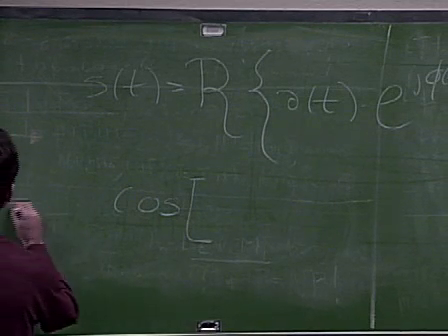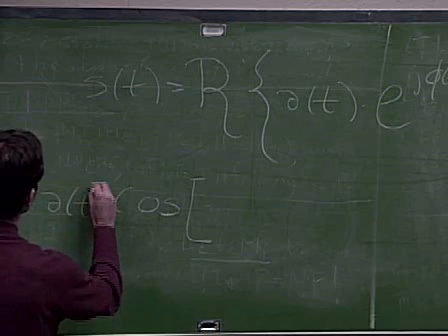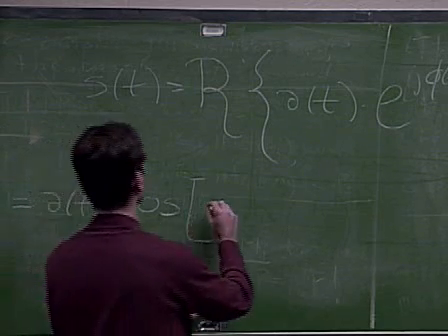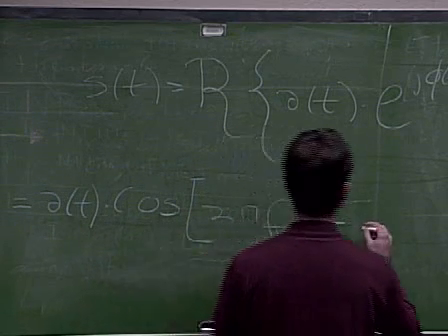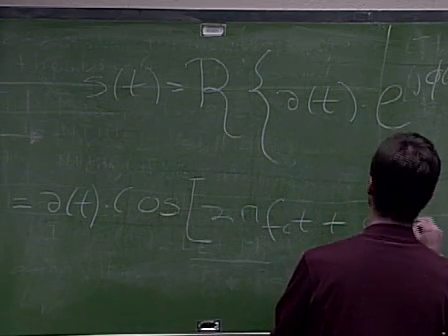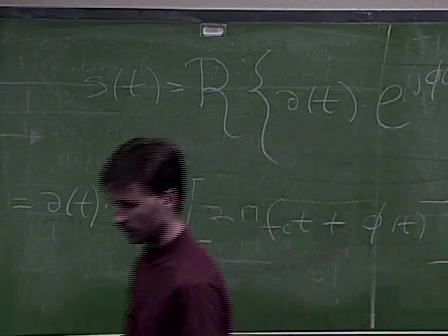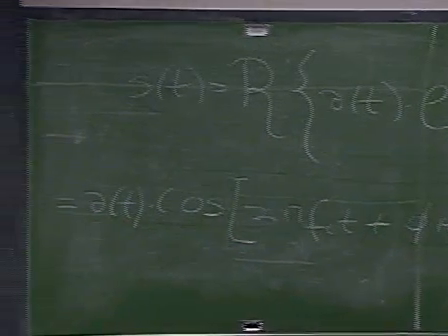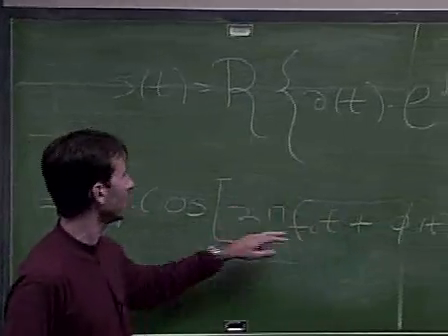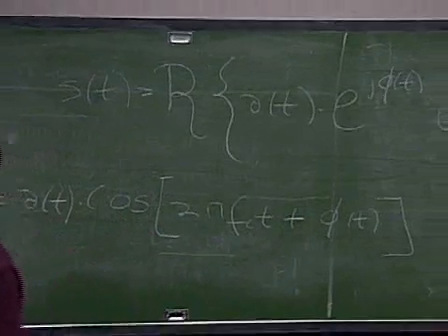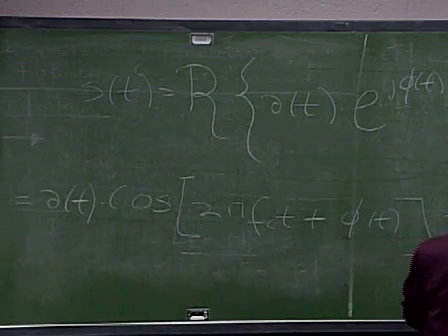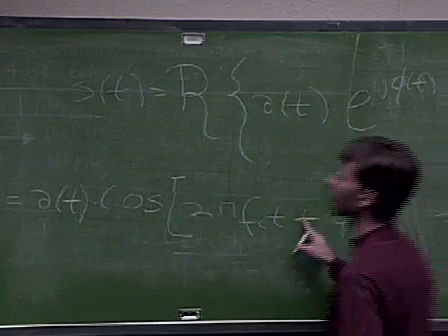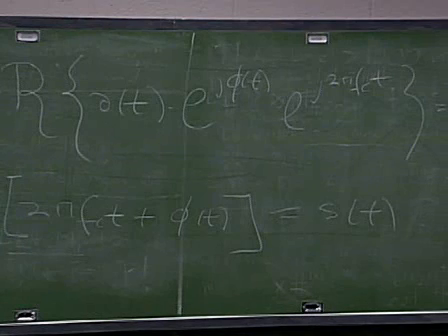This is just A of t times the cosine of 2 pi fc t plus phi of t. Okay? So this is yet another way of expressing s of t. It's the amplitude times the cosine of frequency fc and phase phi. This is exactly equivalent to the cosine plus the sine on the top.